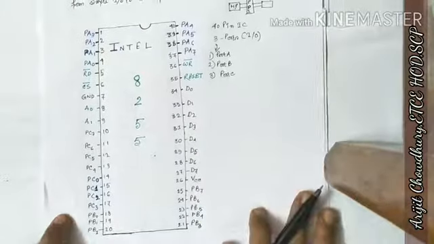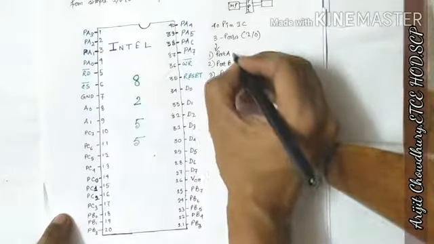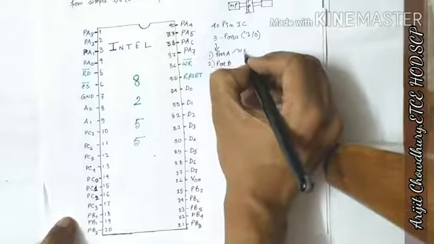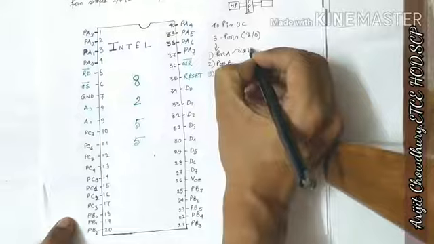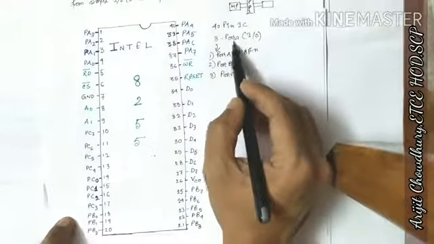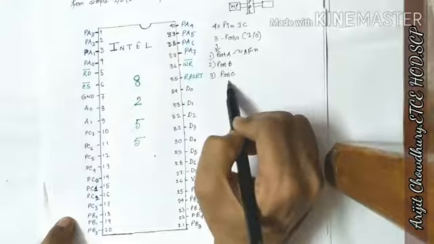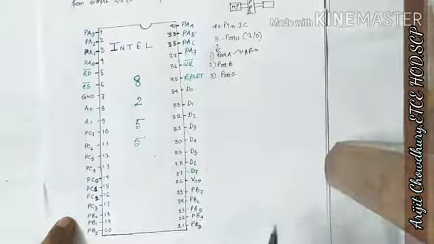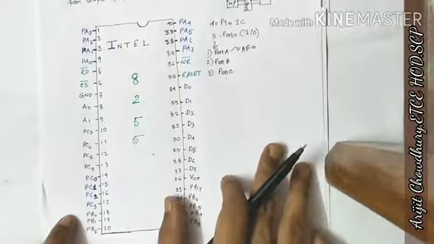Port A has 8 pins, or 8 bits. Total is a 40 pin IC. The 3 ports mean 3 input output ports, from where data is transferred from the microprocessor to peripheral devices, or peripheral devices to the microprocessor.